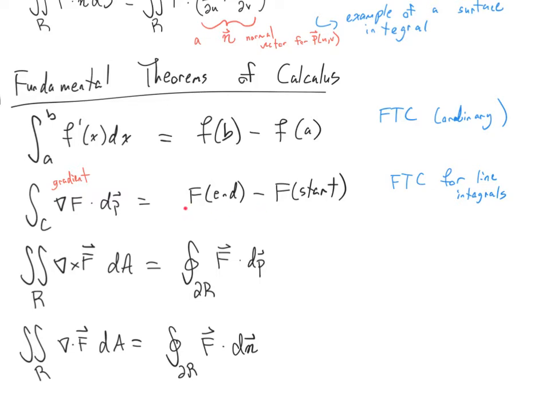And you also compute it just by evaluating at the two endpoints. And I said that, in some sense, these are reducing dimension. So both of these right-hand sides you should think of as being zero-dimensional integrals. So they're just sums of values at points. And points have no dimension to them, which is why they're zero-dimensional.